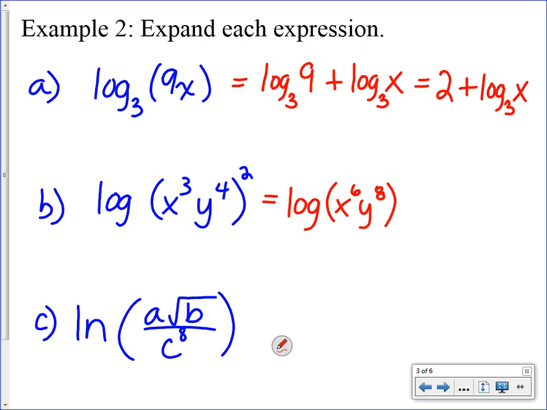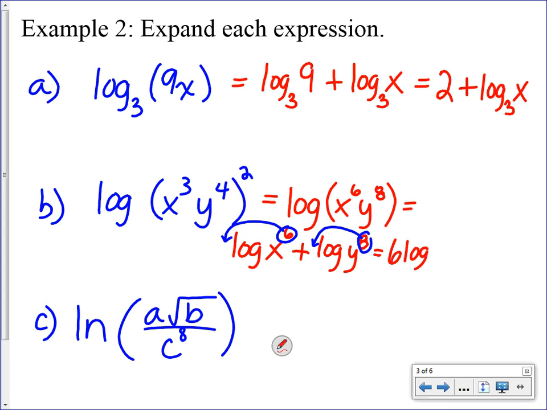Since we're multiplying, this would expand into addition. So it'd be log of x to the 6th power plus log of y to the 8th power. And then we can take the exponents and move them down in front and multiply them times the logarithm. So this will become 6 times the log of x plus 8 times the log of y.